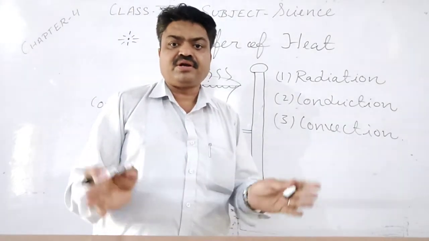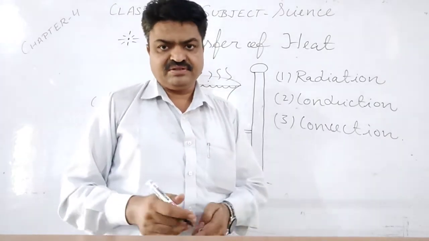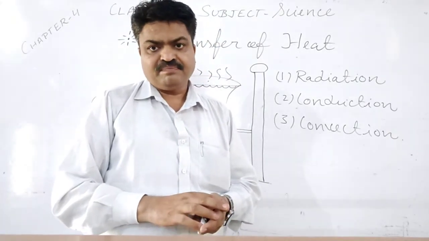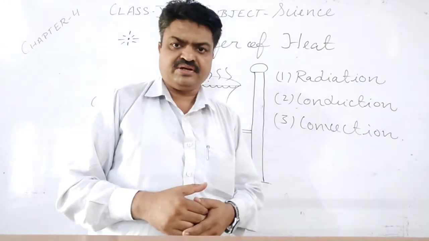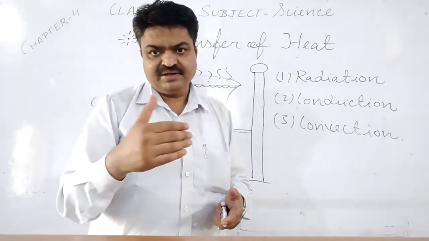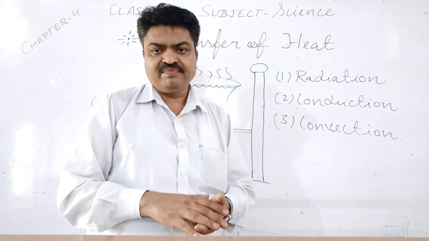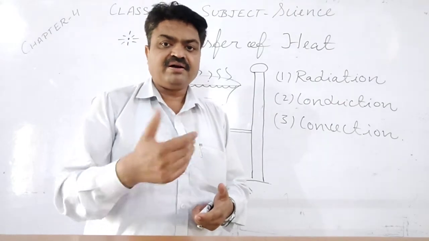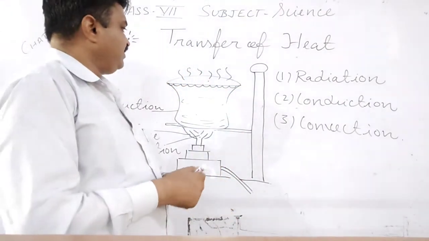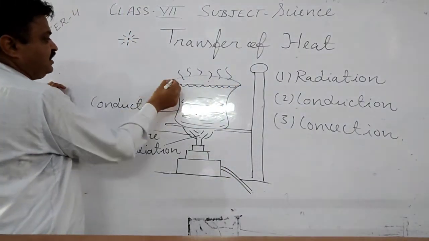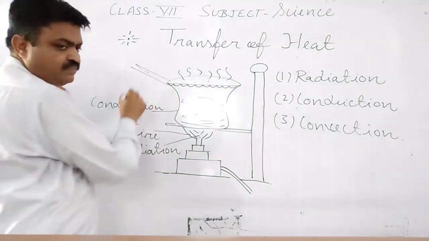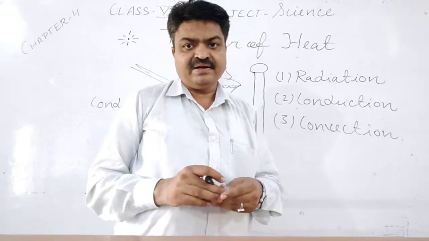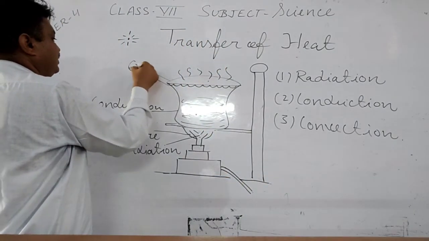If we observe our surroundings, there are two types of utensils. Some utensils do not pass the heat energy. Those objects are known as insulators, which means the objects that pass the heat energy are known as conductors of heat, and the objects that do not pass the heat energy are known as insulators. Generally a cooking utensil has a handle, students, and that handle has a plastic cover on it.